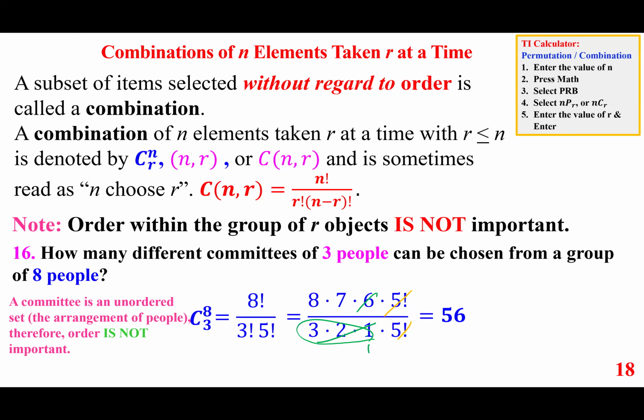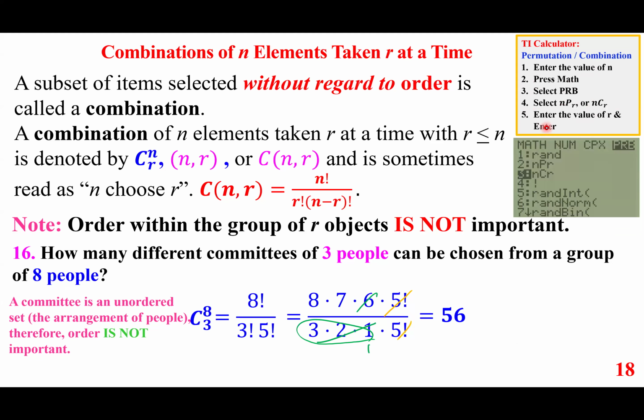Now, for larger numbers, you can use a calculator, okay? So for a TI calculator, permutation, combination: enter the value of N first, and then press math, select PRB, select NPR or NCR. This is permutation. This is combination. Enter the value of R, enter.